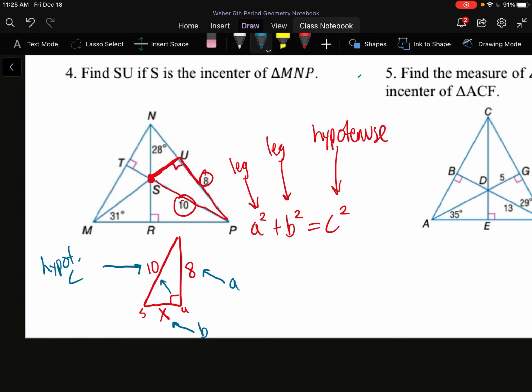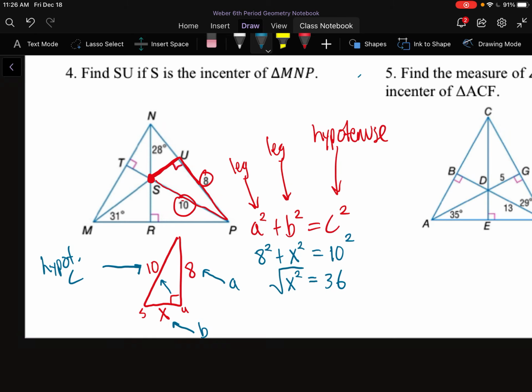So I'm going to fill in those values in my Pythagorean theorem. I know that A is 8, so that's going to be 8 squared. And my B here is X, so that is X squared. Equals C squared, but C squared here is 10, so that'll be 10 squared. If I simplify this, I'm going to get X squared equals 36.